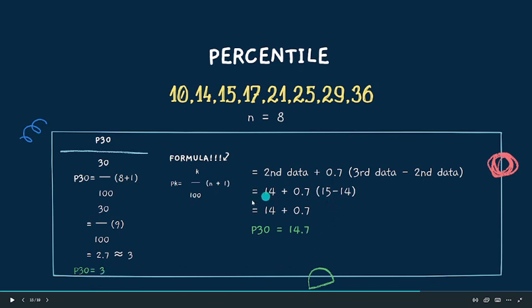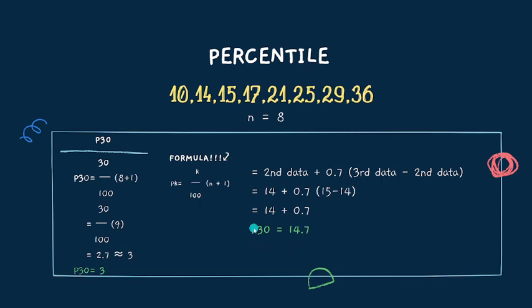If we want to get the specific value of P30, we have this formula: second data plus 0.7 times the third data minus the second data. So we substitute.